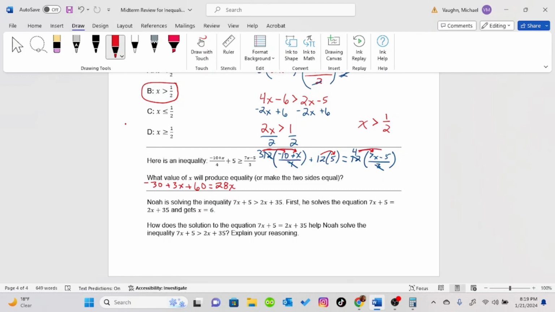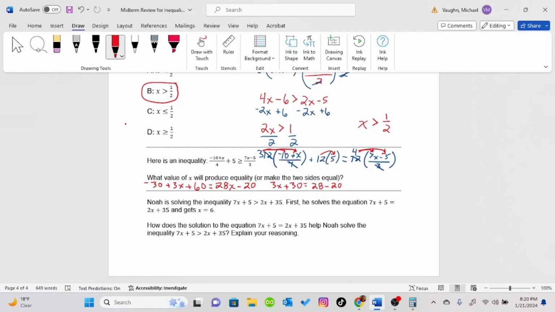And 4 times negative 5 is negative 20. I'm going to combine like terms. Negative 30 plus 60. So this becomes 3x plus 30 equals 28x minus 20.